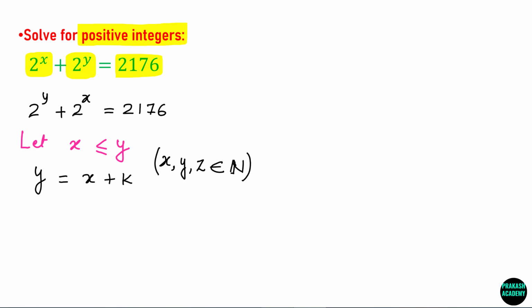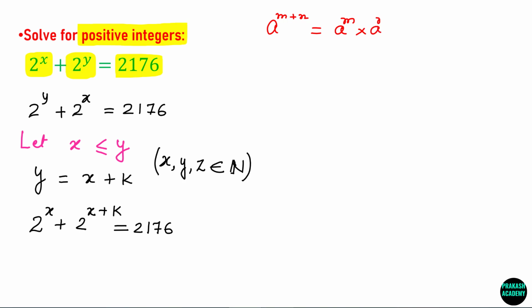So let us plug the value of y in this equation. You have 2 raised to the power x plus 2 raised to the power y, which is x plus k, and this is equal to 2176. Now there is a formula in powers: a raised to the power m plus n can be written as a raised to the power m times a raised to the power n.